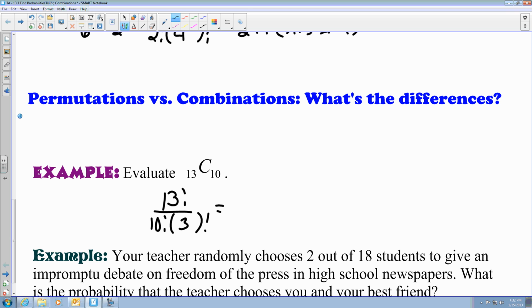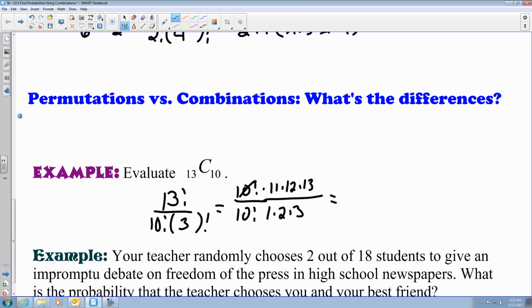Which this equals, well, what I'm going to do is go 10 factorial times 11 times 12 times 13. And I got 10 factorial, and then 1 times 2 times 3.